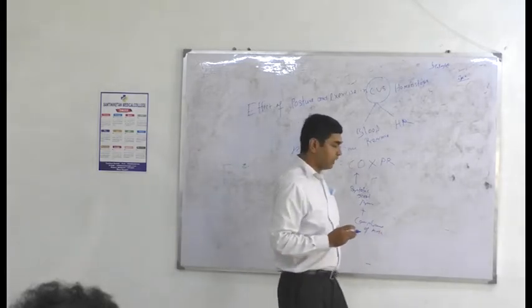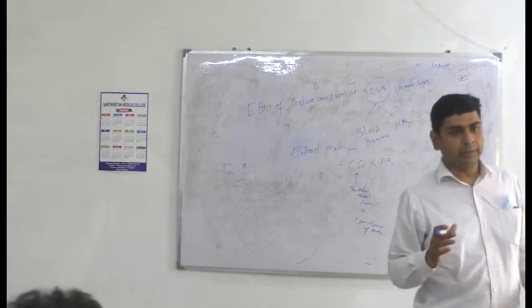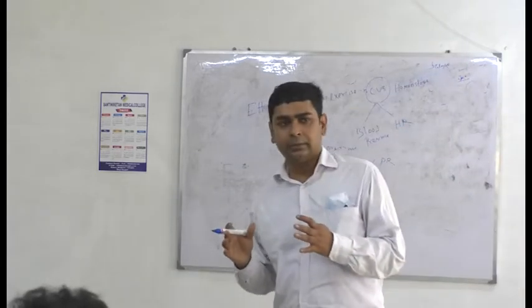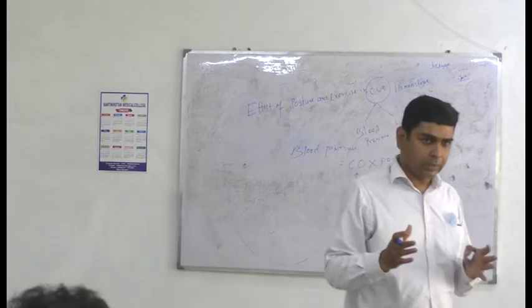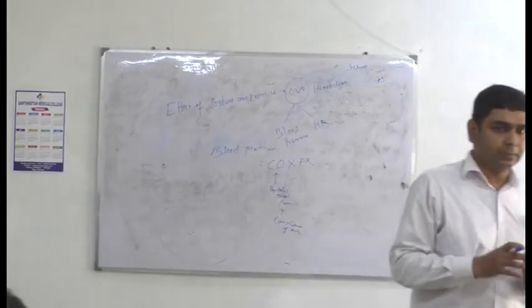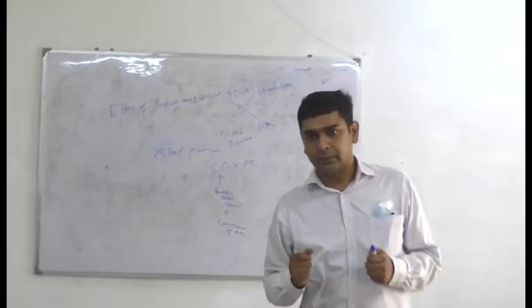Cardiac output, you know our definition: it is the amount of blood ejected per stroke. And compliance means the distensibility of the artery.